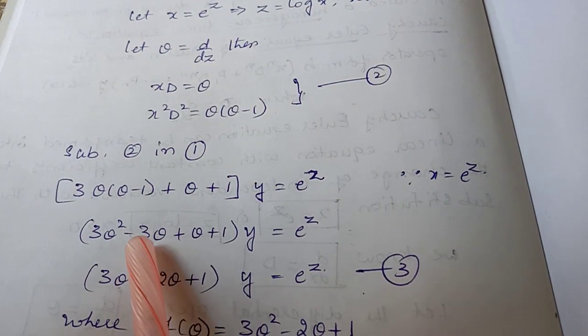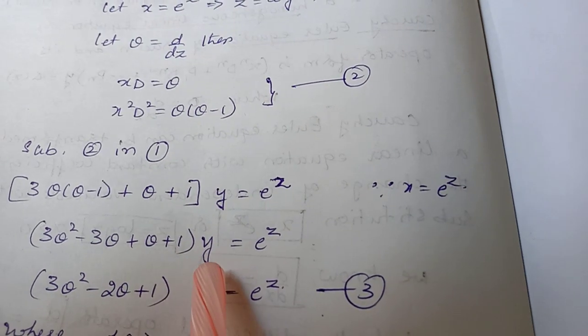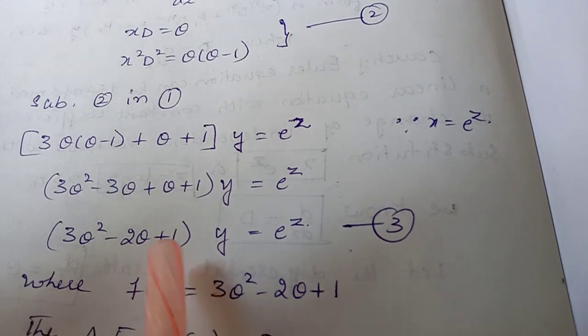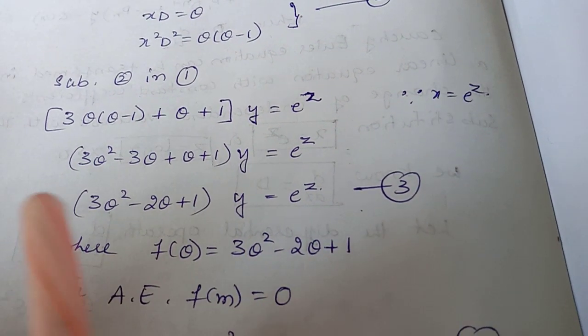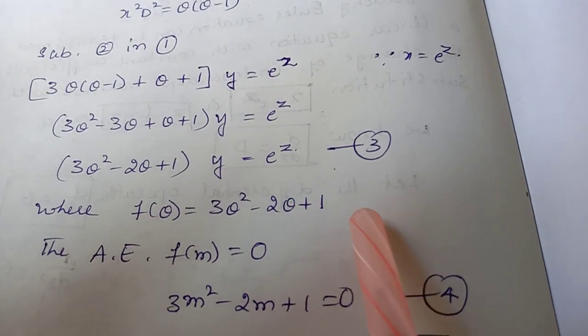By simplifying, we get (3 theta^2 - 3 theta + theta + 1) y = e^z, that is, (3 theta^2 - 2 theta + 1) y = e^z. This we take as equation 3. We write here f(theta) = 3 theta^2 - 2 theta + 1.